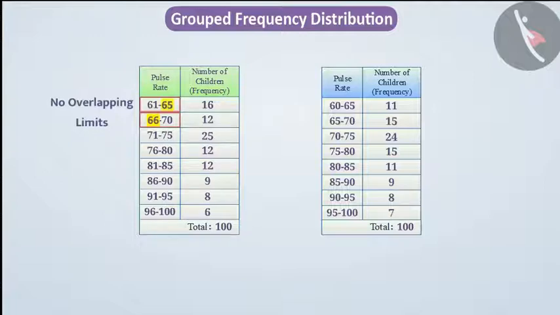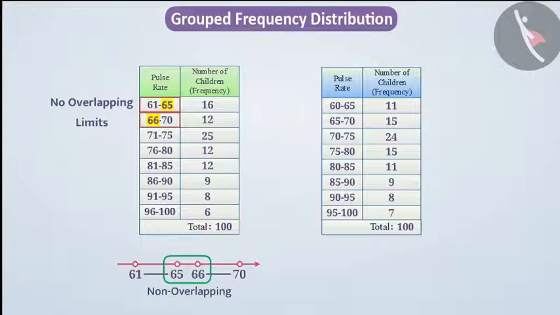That means that classes are not overlapping. Such a classification or distribution of data, when the classes are non-overlapping, is called discontinuous frequency distribution. In this way, it is a discontinuous frequency distribution table.